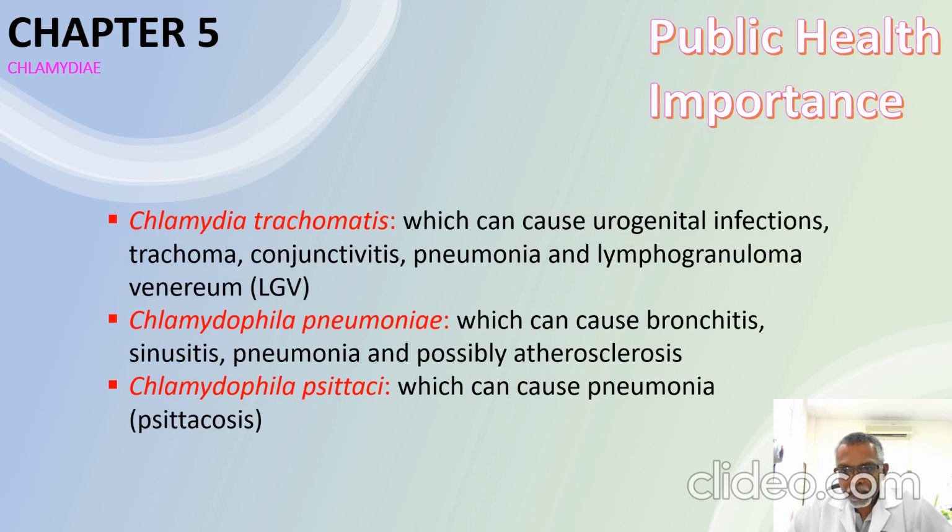Let us now look at the public health importance of the three species of chlamydia. Chlamydia trachomatis, which can cause urogenital infections, trachoma conjunctivitis, pneumonia, and lymphogranuloma venereum, in short LGV.